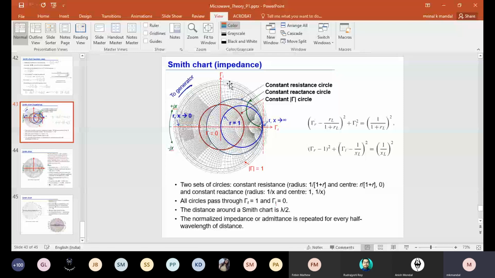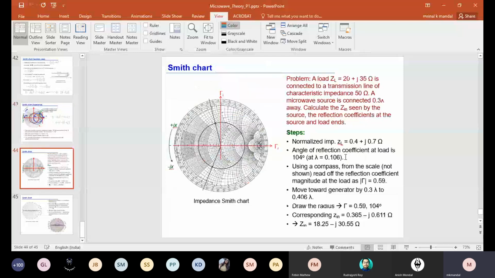So now we are moving towards the generator by 0.3 lambda. You follow the lambda scale and move by a distance of 0.3, and you follow this gamma circle, because we are assuming a lossless line. The magnitude of gamma will not change, only the phase will change.